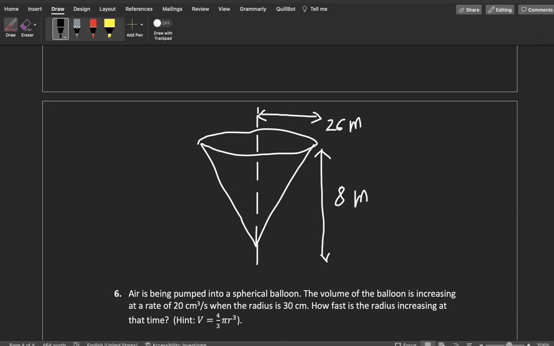So let's say in our representation here that the water is reaching a certain level like this one.